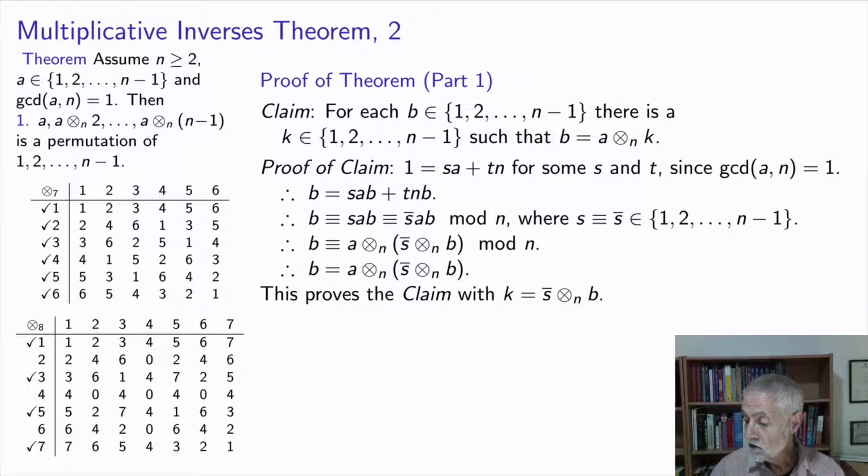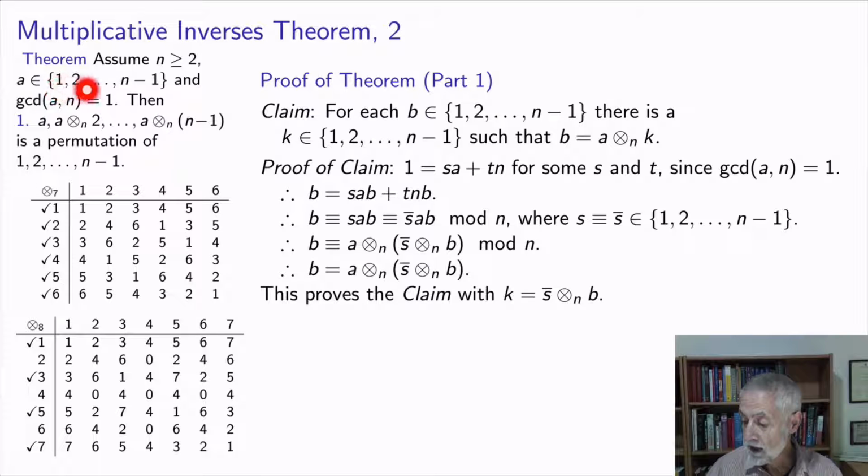And because we're interested in multiplying numbers from the mod tables, I'm going to replace s by s bar, where s bar is chosen between 1 and n minus 1 so that it's congruent to s. So now what we have is that b is congruent to s bar times ab modulo n. And all those numbers, s bar, a and b, are in the range 1 up to n minus 1.